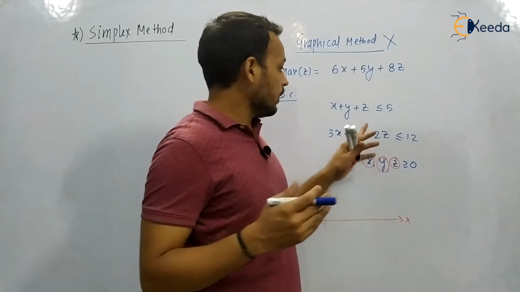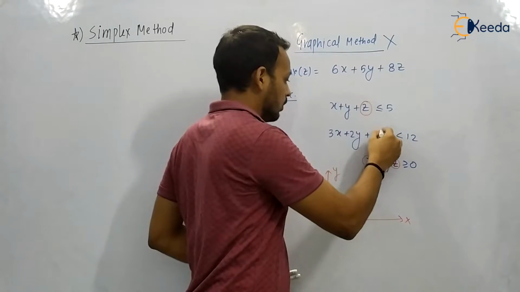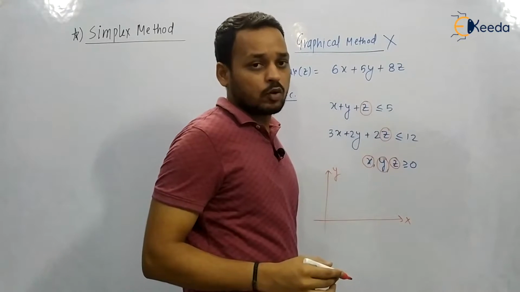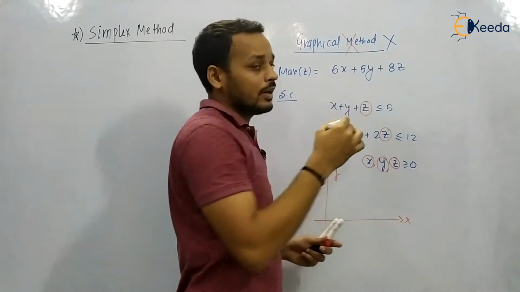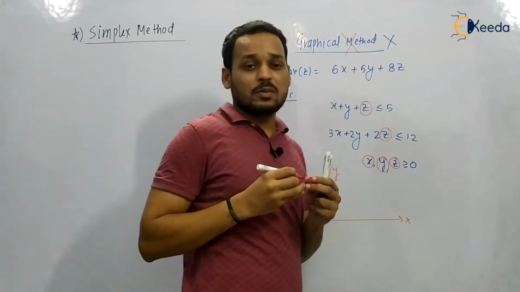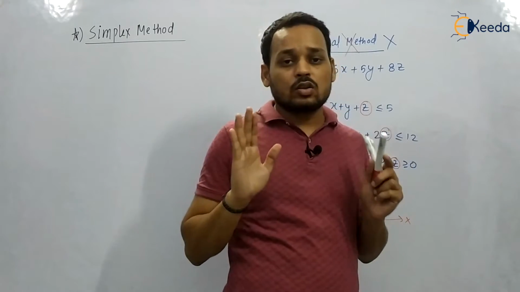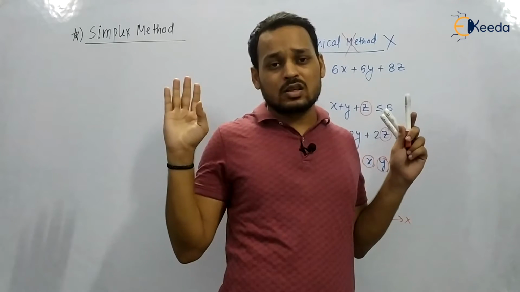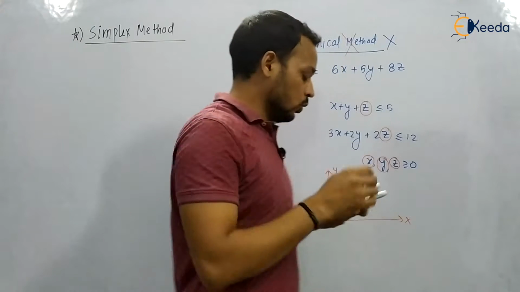But here in the question we have another variable, z, and we cannot plot it on the graph, so we can't use the graphical method. That's why we will use the simplex method. The simplex method does not put any restriction on the number of variables. We can use the simplex method with any number of variables, either 1, 2 or more than 2.